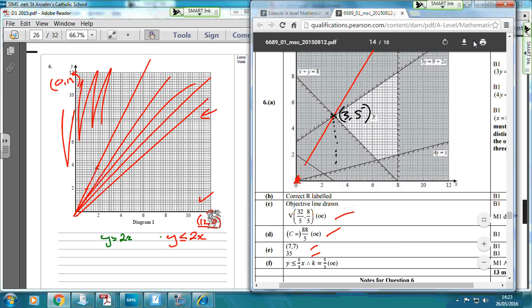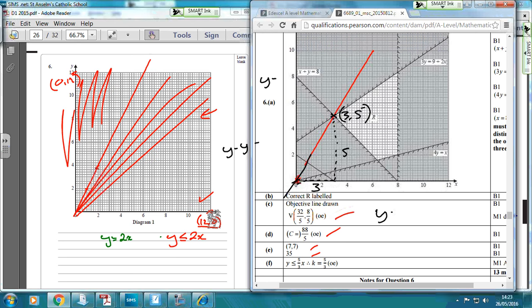Because we've done C1 and C2, now we should be able to work out the equation of a line. The gradient there is 5 over 3, and it goes through 0. So y minus y1 equals m times x minus x1. It goes through the point 0, 0, so y minus 0 equals m, and our gradient is 5 over 3, x minus 0.